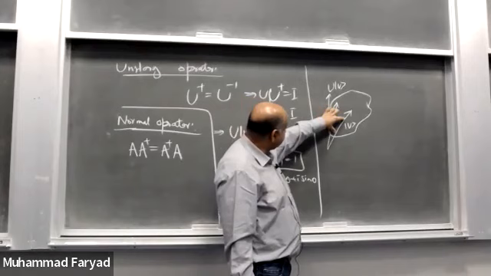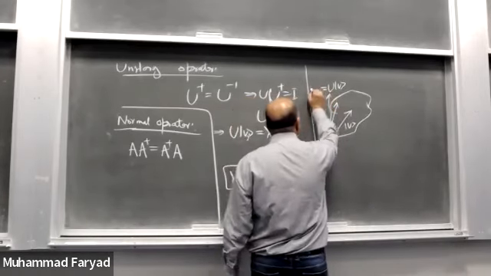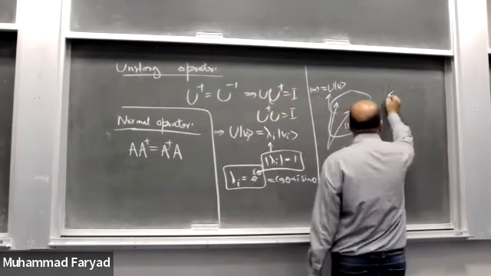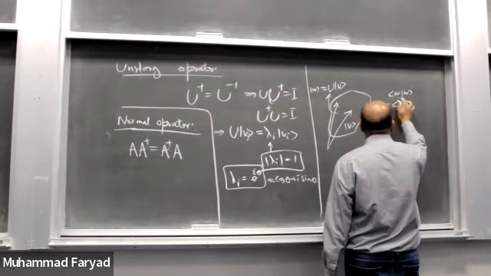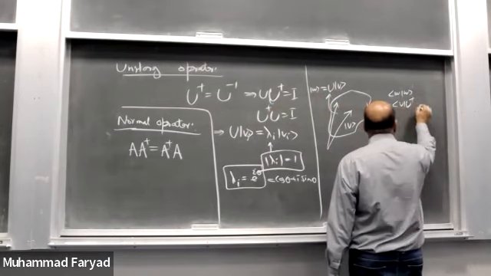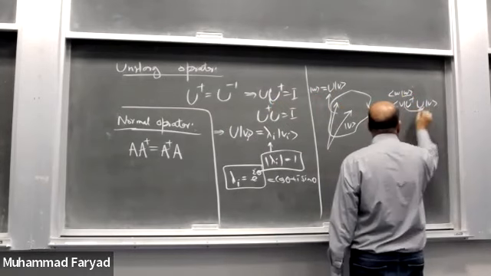जितनी भी vector की length यहाँ पे है, उतनी ही length यहाँ पे है. And we can check it. For example, let's say this is some vector w. Now w का अगर आप inner product लें, so this w is equal to u v, and this w dagger is v dagger u dagger. But this is identity.